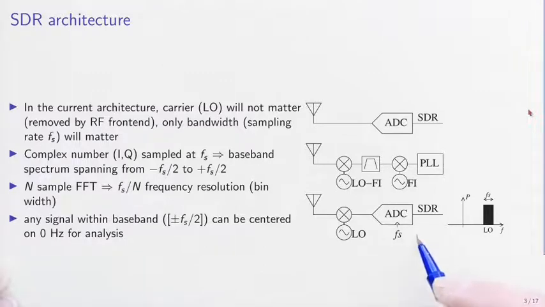So this means that after transposition, we start from a signal centered on the local oscillator, and following acquisition, we will acquire a signal that ranges from minus the Nyquist frequency to plus the Nyquist frequency, centered on 0 Hz.